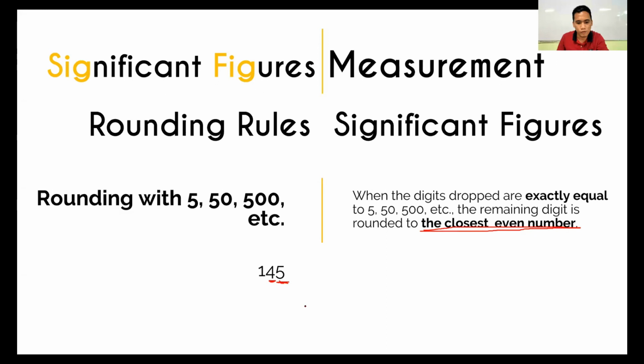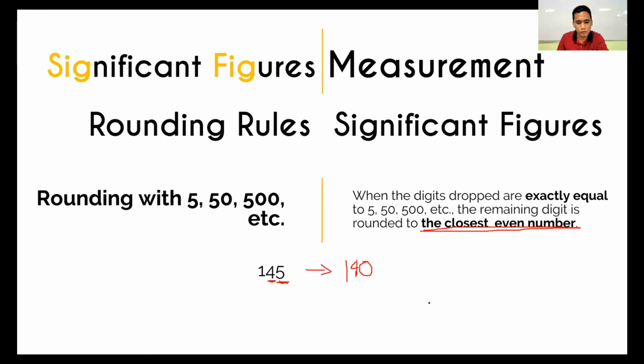For an even number, you retain or remain at the original number. So 145 rounded to its nearest tens: since it is an even number, we remain, so we have 140. Sir, why 140?